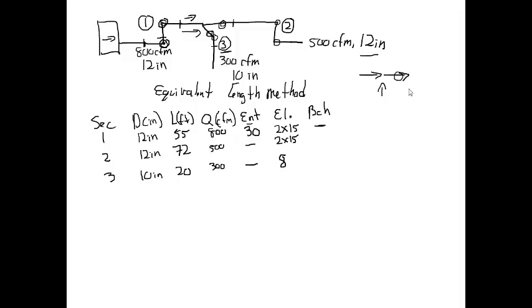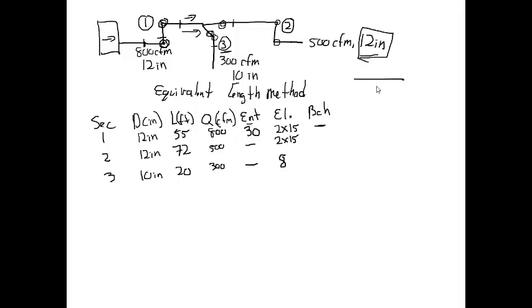So let's go ahead and do the branch for Section 2. In Section 2, we have 12 inches, and it looks like a Y branch, right?